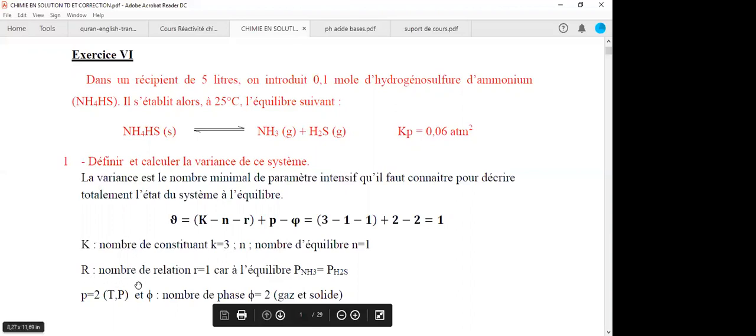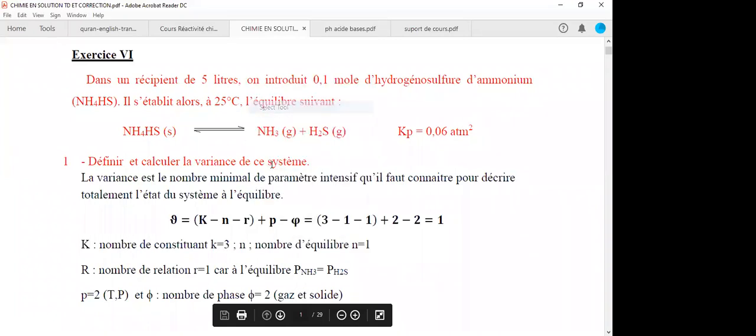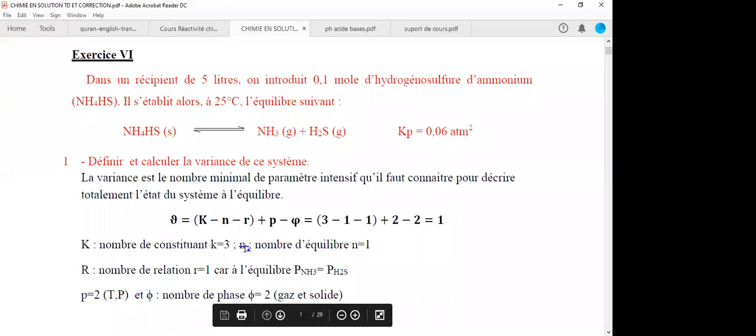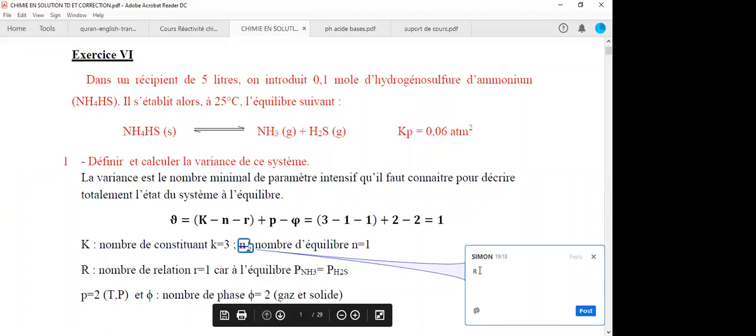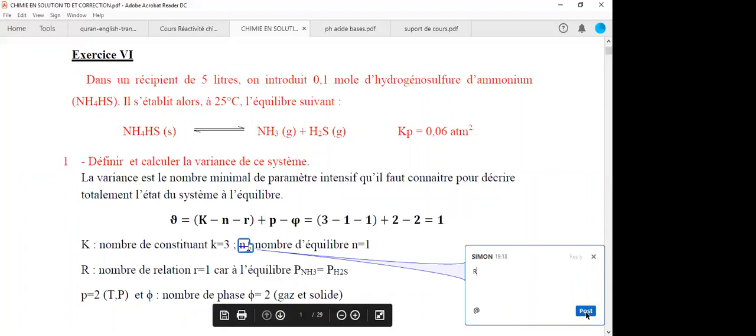Okay, in short, where there is R, there's supposed to be N, and where there is N, there's supposed to be R. Let me correct it. So here is R, the number d'équilibre. We've got one reaction here. This is R. I'm sure you've seen the corrections here.